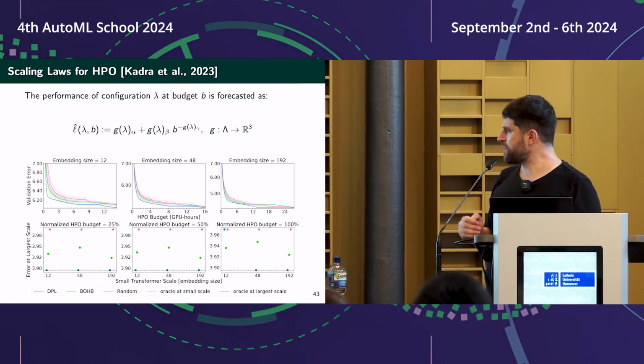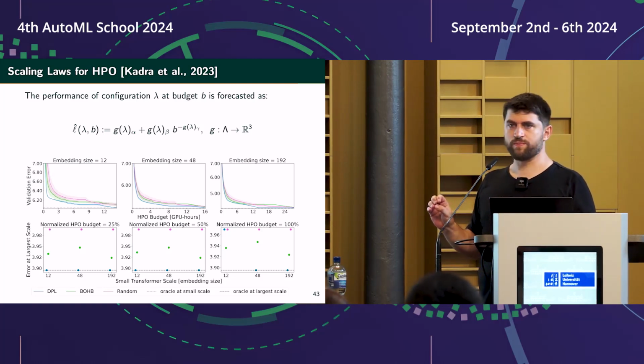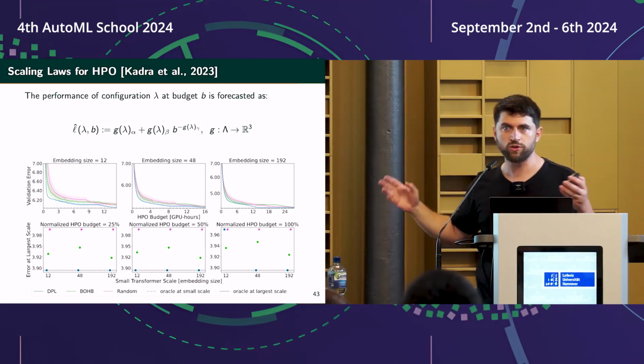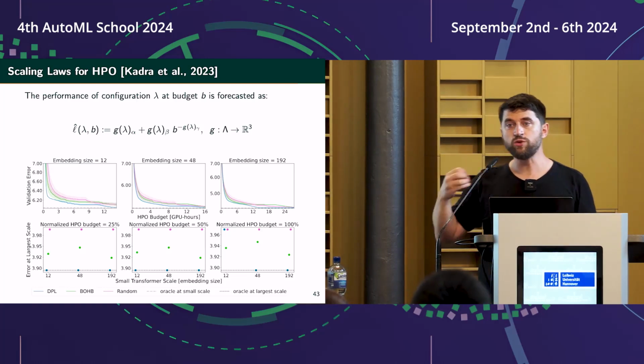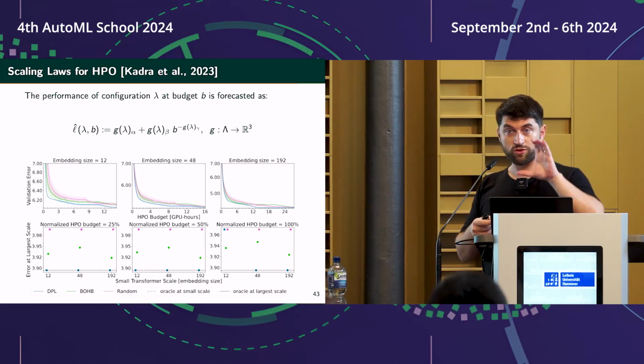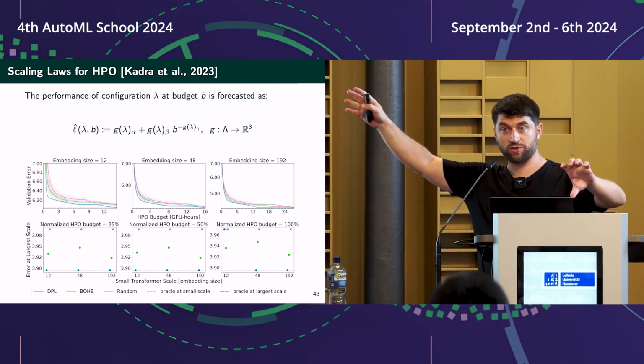And in addition, experiments show that for large language models, actually there is a very strong scaling law property. That was not before this paper, so that was not news. But the fact that we can use this for HPO, it was shown that this can be done efficiently. And those configurations that work well at small model sizes also work well at large model sizes.